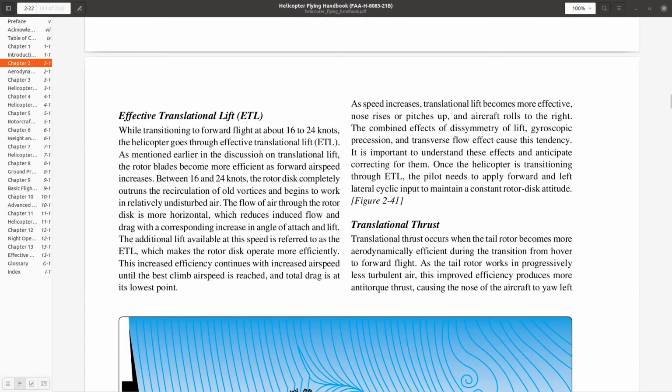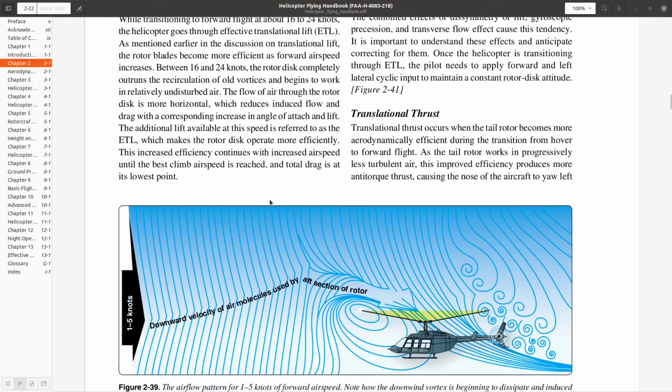And above that, you will get a noticeable improvement in performance. Above this speed, it's usually 16 to 24 knots. And what happens at this speed? You completely outrun your turbulence.